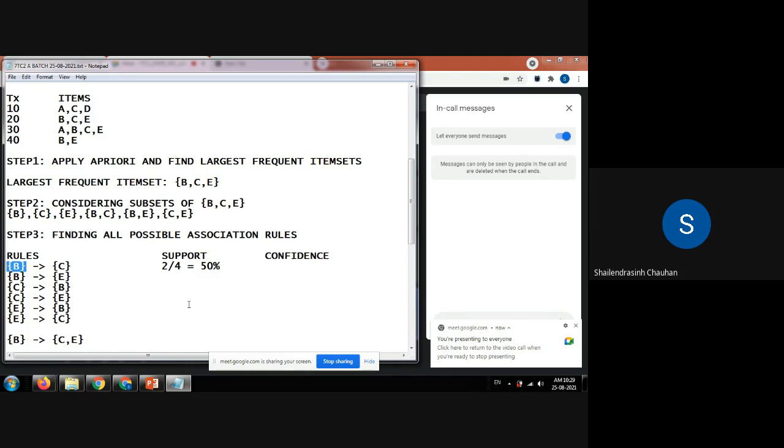Here in the left hand side of this rule, we are having only one item, that is B. So in how many transactions are you having B? Observe this table and give the answer.